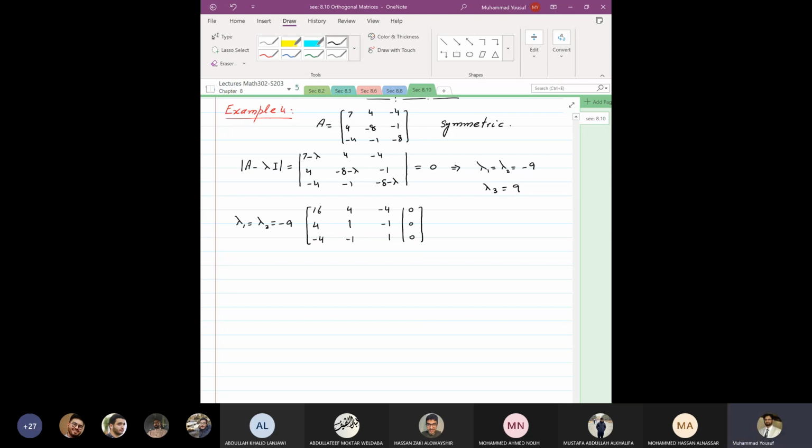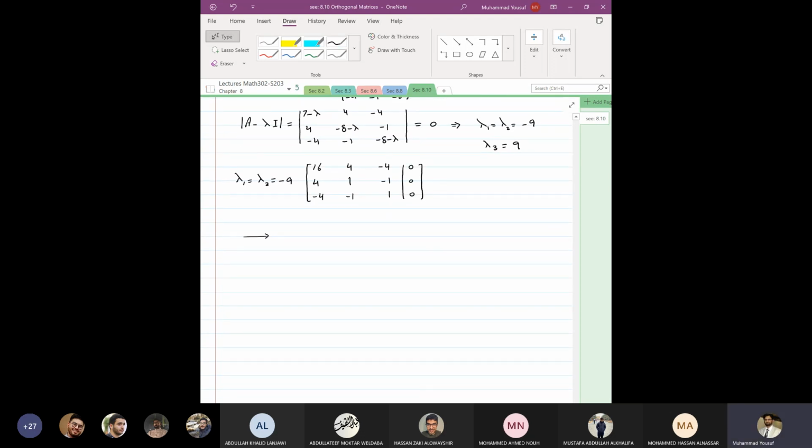Now from here we can make the first position 1 by multiplying row 1 by 1/16. That gives 1, 1/4, negative 1/4, 0.